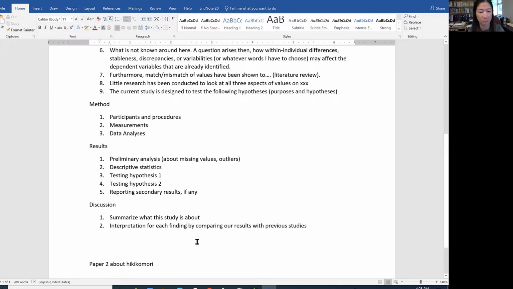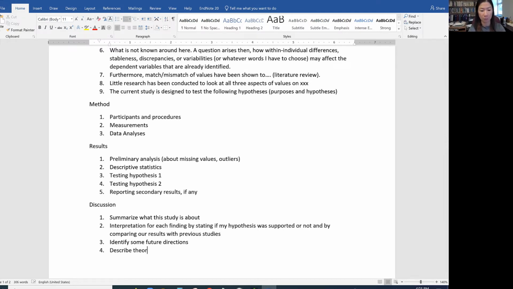Interpretation for each finding by stating my hypothesis was supported or not, and by comparing our results with previous studies, maybe identify some future directions, describe theoretical and clinical merit or implications. And then identify limitations of the study, and then conclusion.